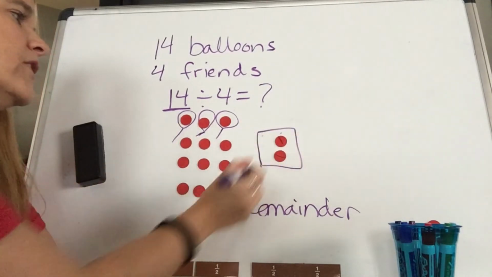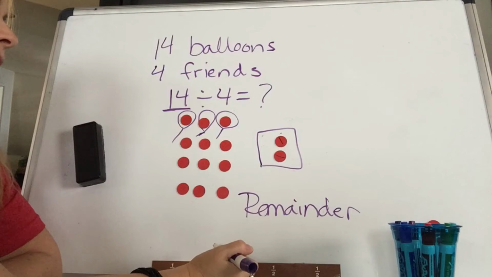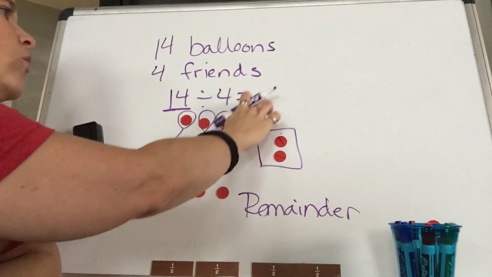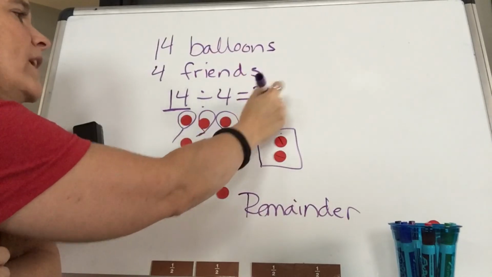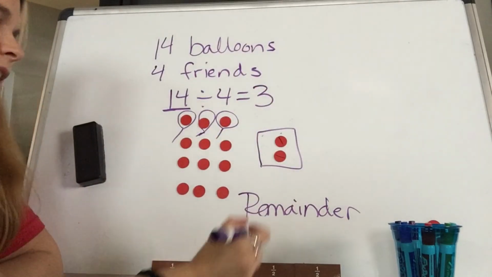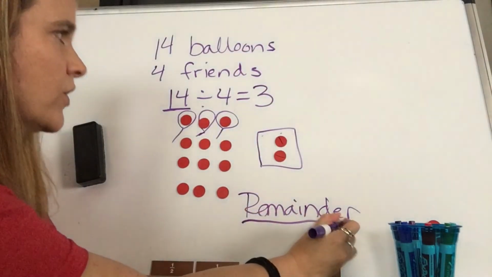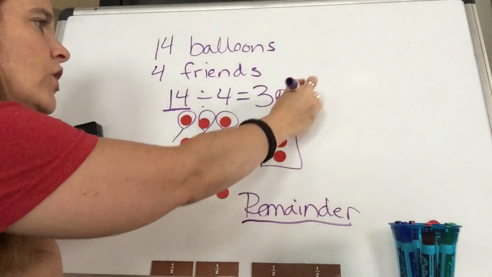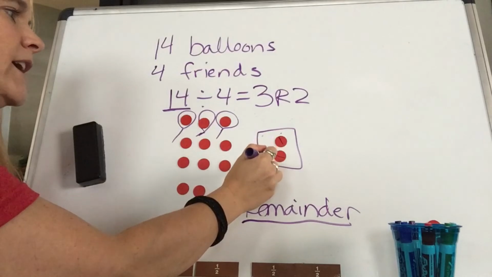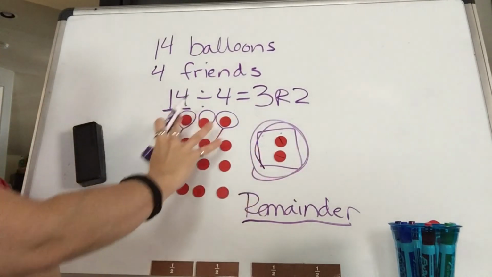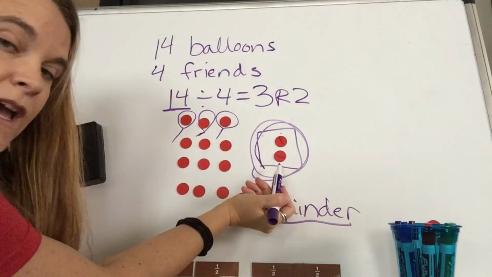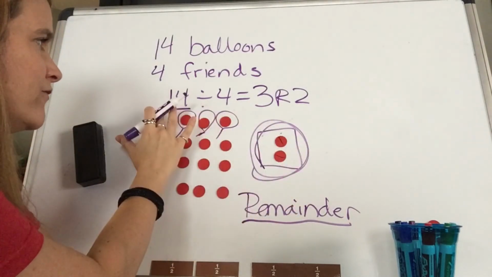So here's my remainder. I can write my answer of 14 divided by 4 as 3, and then we don't write out this big long word remainder. We just write a big R. Remainder 2, okay? They all went evenly until these last two, and these two did not fit in 14 evenly.